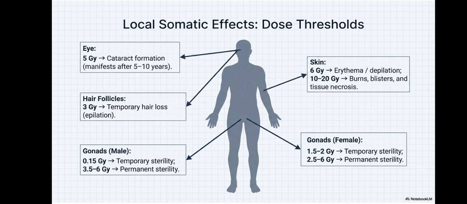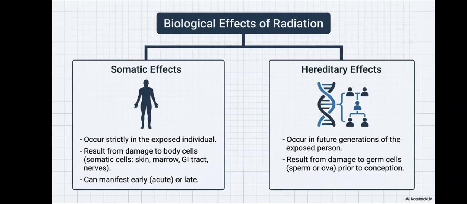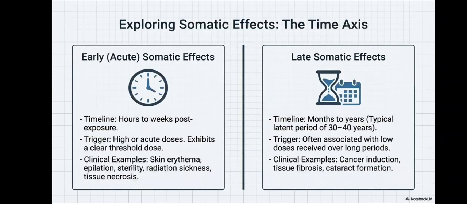Then we discuss late somatic effect. Late effects appear months or years after radiation exposure, typically over a period of 30 to 40 years.